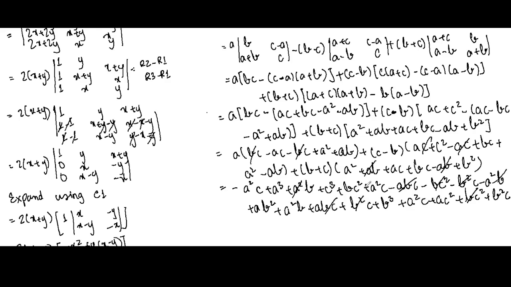Then we have minus a square c plus a square c. Okay. Now let's write down the leftover terms. A cube plus c cube plus bc square plus a square c plus ab square plus a square b plus b cube plus a square c plus b square c, right?